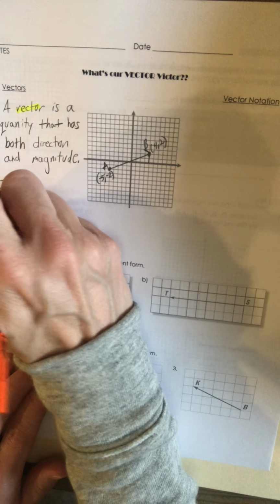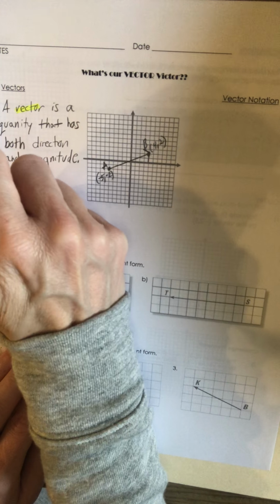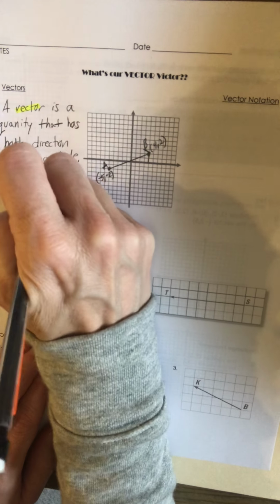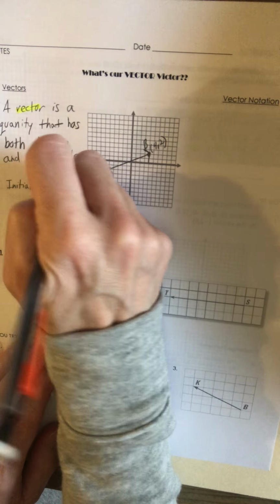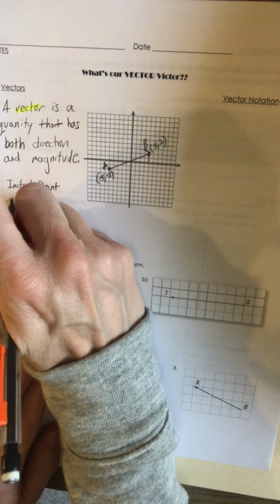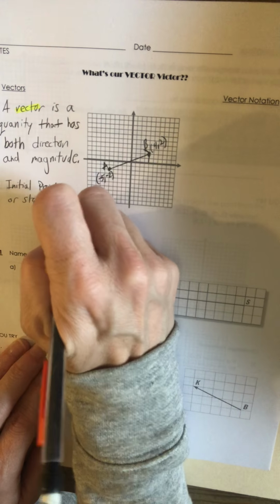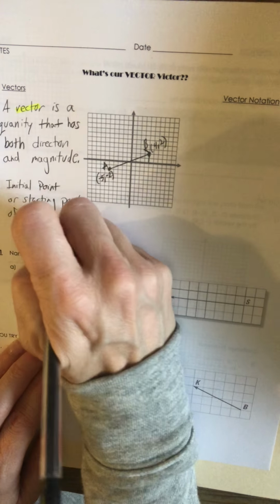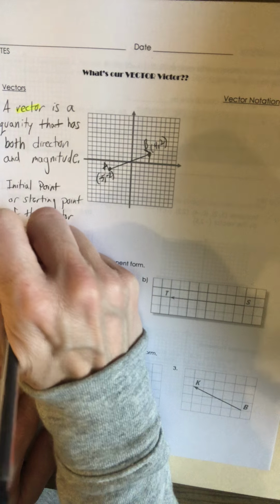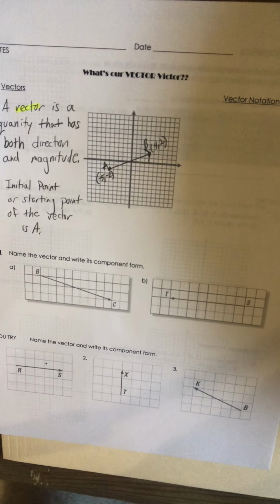So in this case, my initial point or starting point of the vector is A. All right, that is that initial point right there.